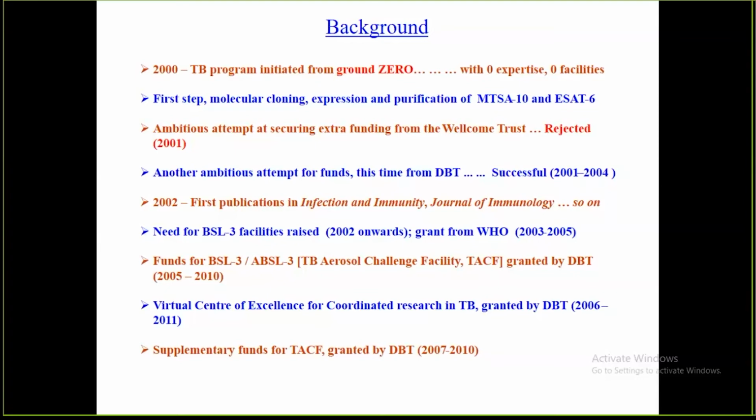Zero expertise. I was not a TB person. I didn't know even the T or B of TB. And then there were no facilities at all. So when the Institute was given the responsibility to start a TB program, the director picked me up. Most probably I was the most pliable scientist in the institute.